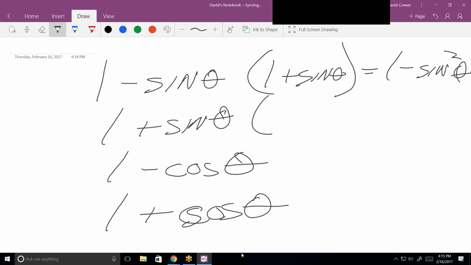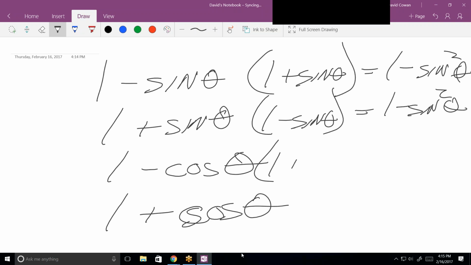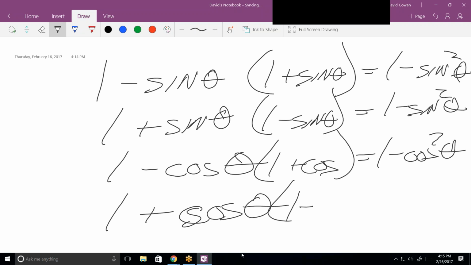I multiply that by 1 minus sine theta, I get the same 1 minus sine squared theta. I multiply this by 1 plus cosine, I get 1 minus cosine squared theta. Multiply this by 1 minus cosine, I get 1 minus cosine squared.